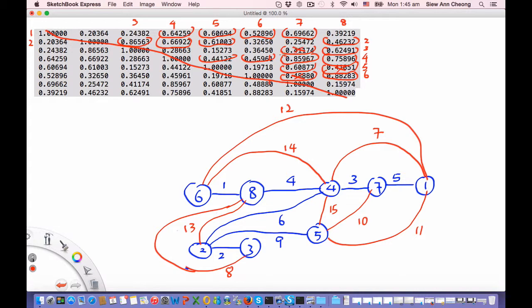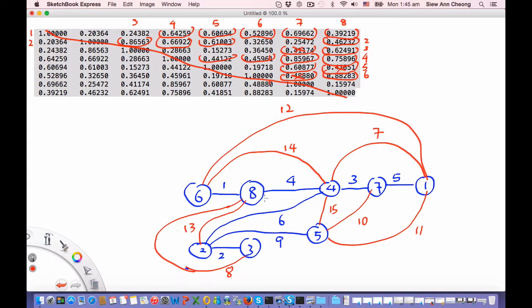Now we move on to 0.3s, and the largest 0.3 is here, 0.39. It's between 8 and 1. Can it be connected? So we have to be very, very careful.